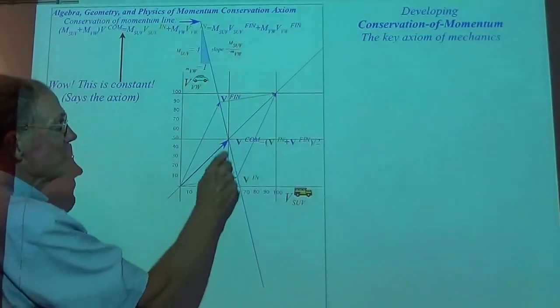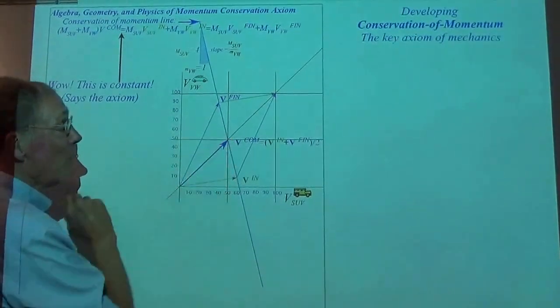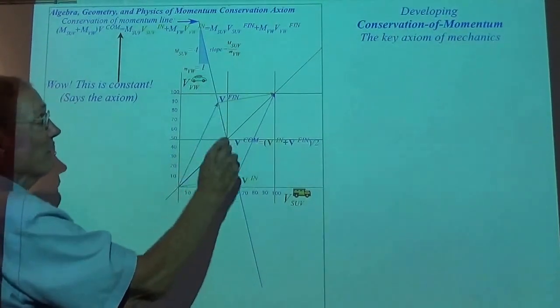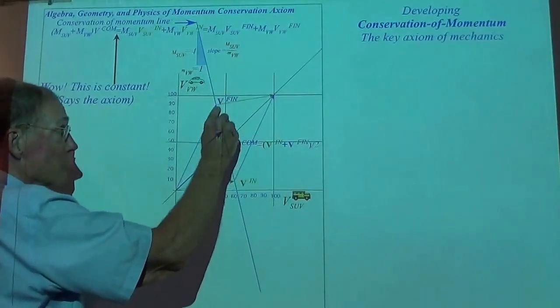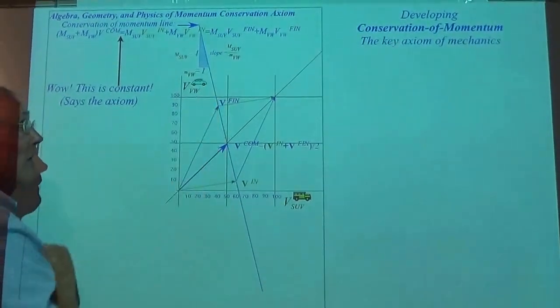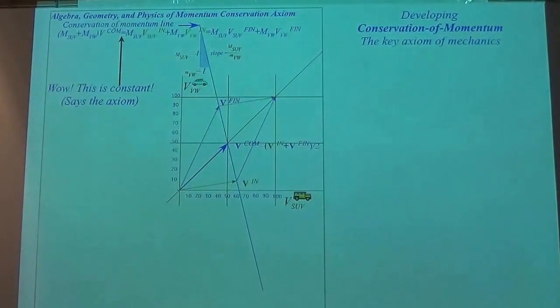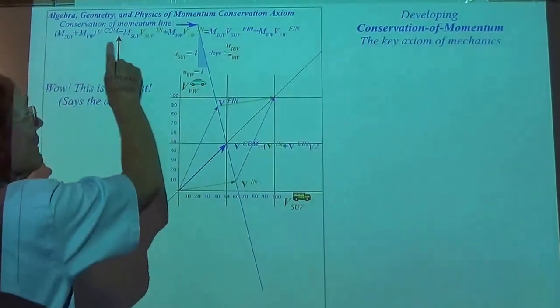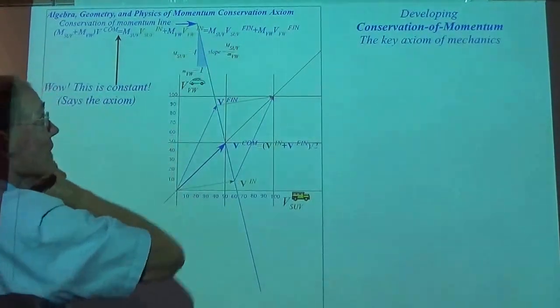We have a vector describing the crunch point, or the velocity at COM, and then we have later on, after going through a whole bunch of points very quickly in the elastic collision, a final velocity up there. But they're all on this line, and they all have the same numerical value of this.